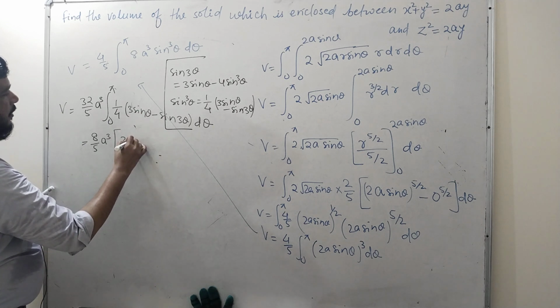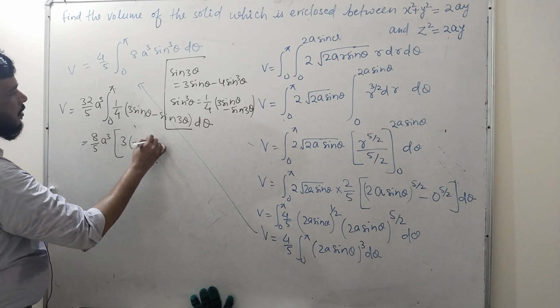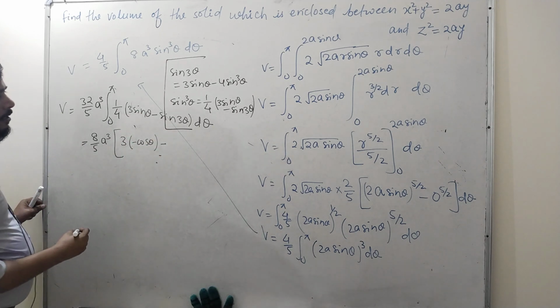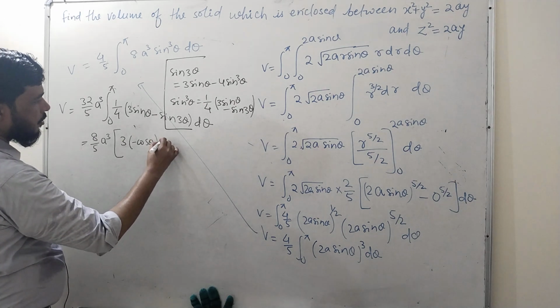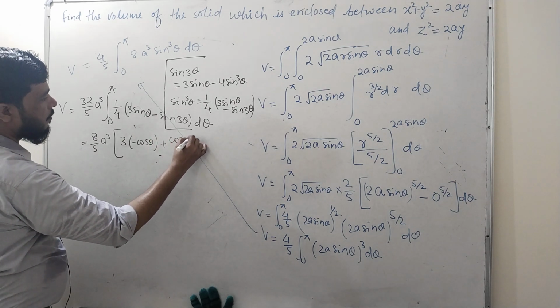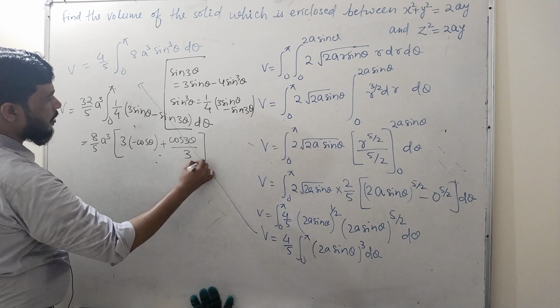The integration of sin θ is −cos θ, and the integration of sin 3θ is −cos 3θ divided by 3.